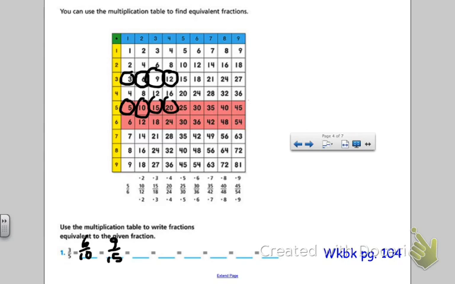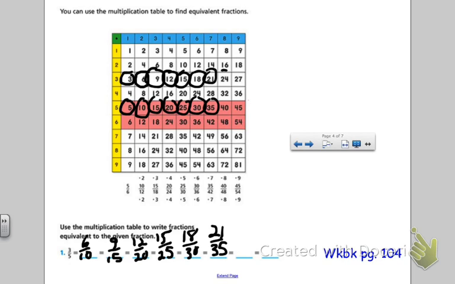So would 12/20ths, 15/25ths, 18/30ths, 21/35ths, 24/40ths, and 27/45ths. So that's just another way you can get equivalent fractions. Use your multiplication table to help you.